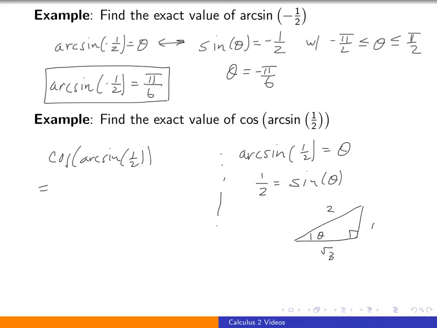So cosine of arcsine of 1/2 is equal to cosine of theta, and looking at our right triangle, cosine of theta is adjacent over hypotenuse, so square root of 3 over 2. Equivalently, similar to our work above, arcsine of 1/2 is pi over 6, and cosine of pi over 6 is root 3 over 2. But note this method is a bit more generally applicable.